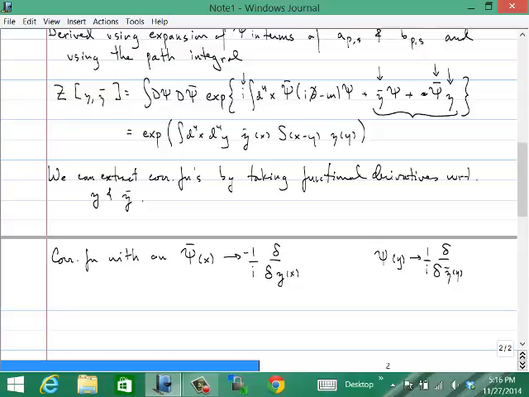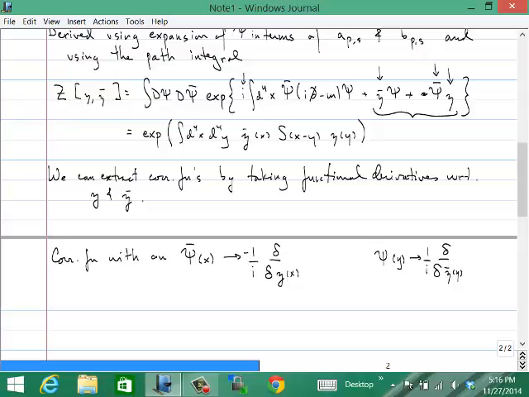And then, for each propagator, for each internal line, we just include a factor of the Feynman propagator in momentum space.